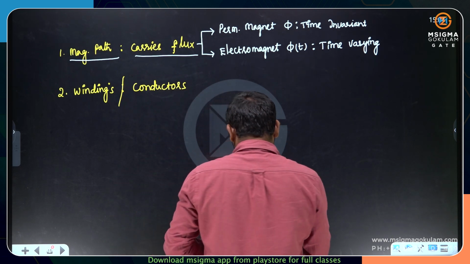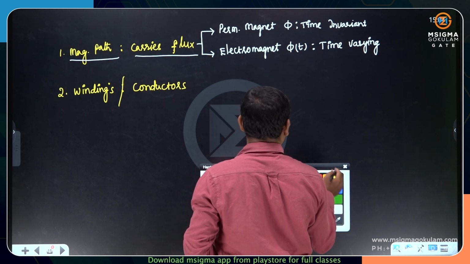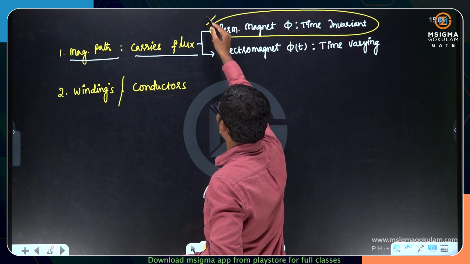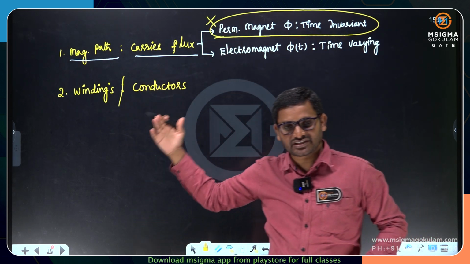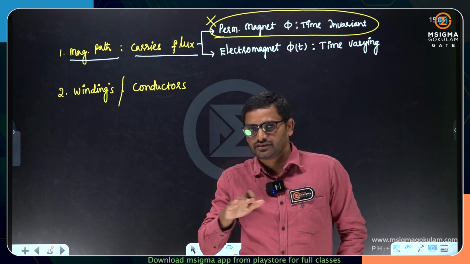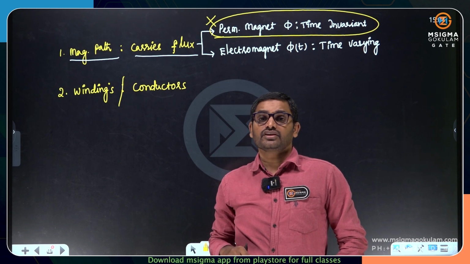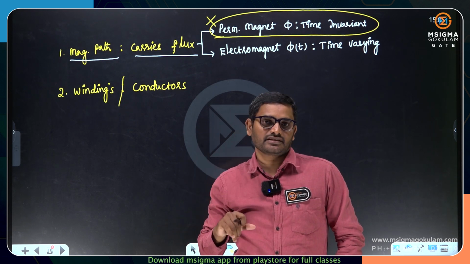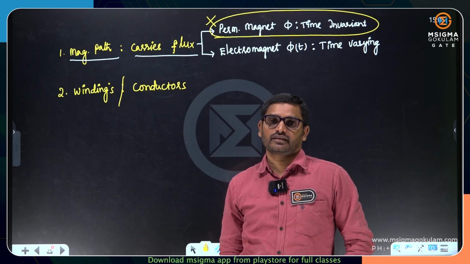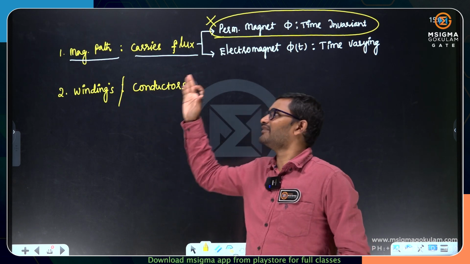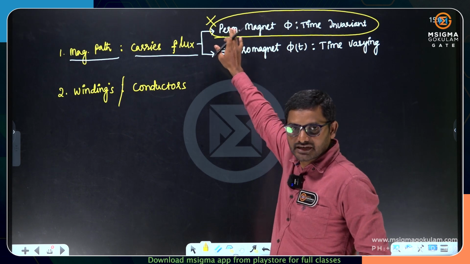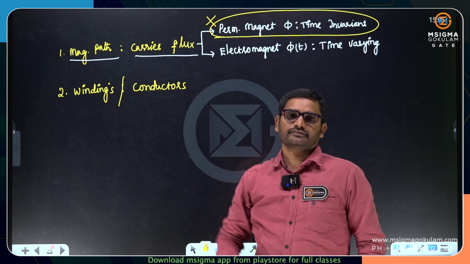That's the reason why permanent magnets in all the popular machines, whether it is a transformer, DC machine, synchronous machine, or induction machine, you cannot see them in larger sizes. But portable machines will use permanent magnets because the output is less, so no need to have a control. As we can't have a control over the permanent magnetic field, we don't use it.